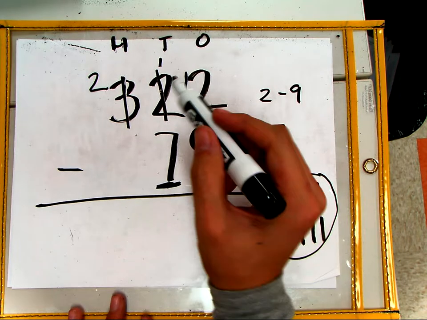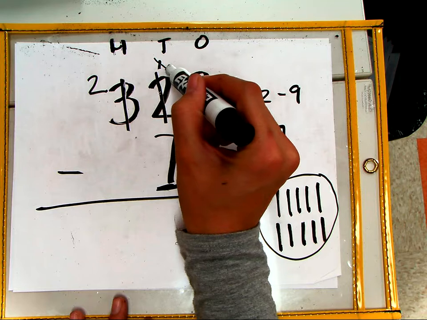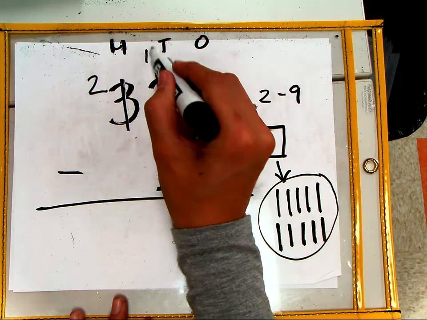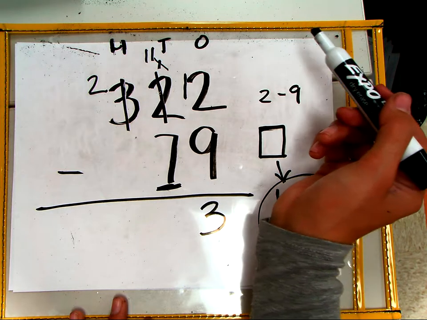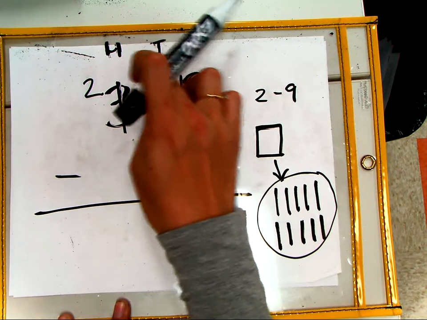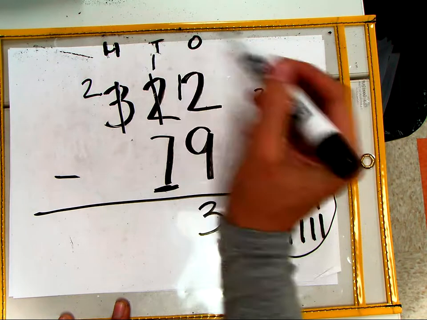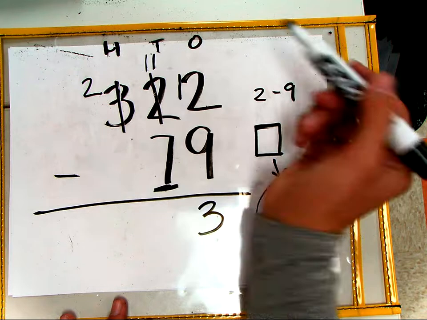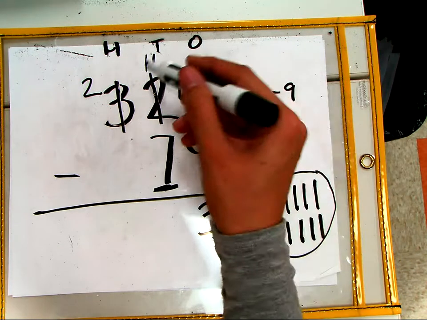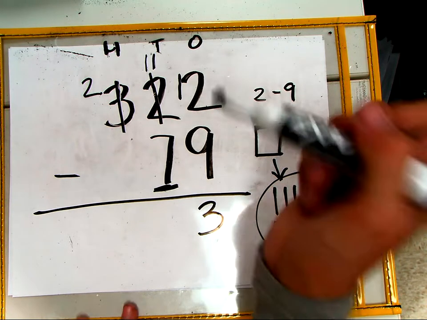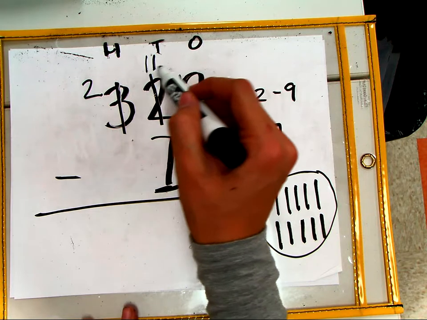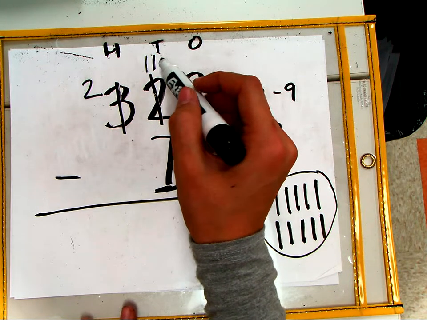Students might either cross out that one group of 10 and write 11 tens, or they might just add a 10 right there. The important thing for students to see is that 11 sticks of 10 is 110.